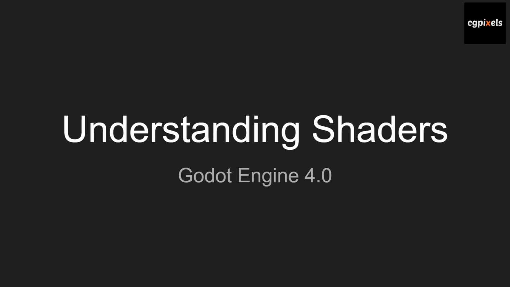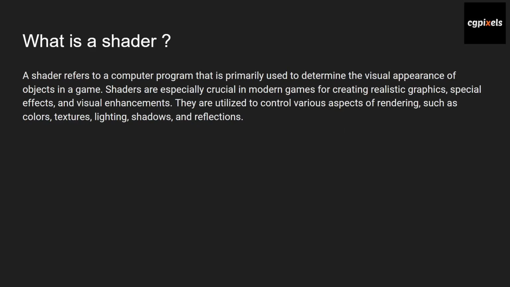Welcome to my channel, and in this video we are going to see how we can use shaders inside Godot engine. Before proceeding forward, let's understand what a shader is. A shader is a program that runs under any material that you have inside your project.